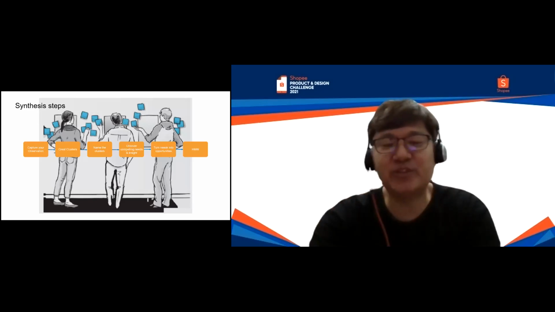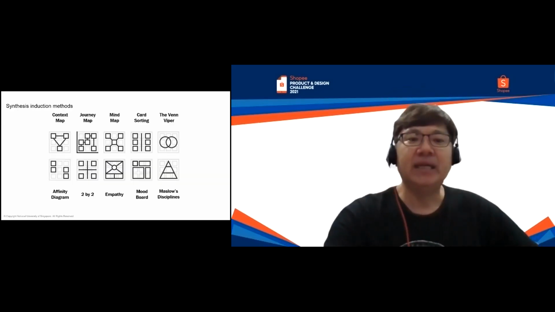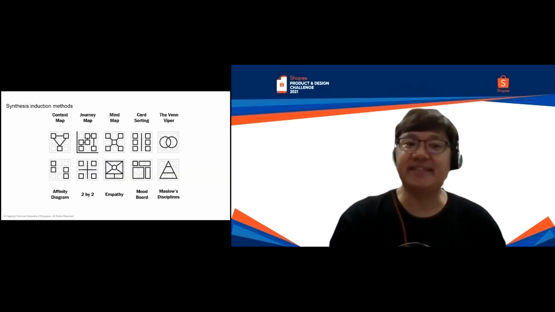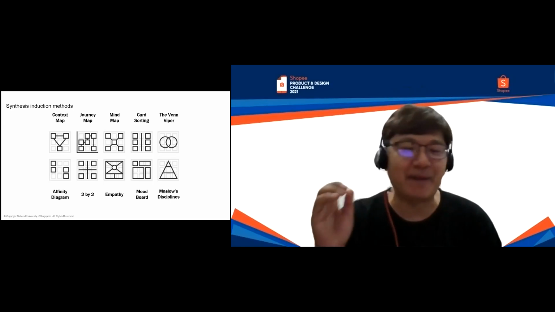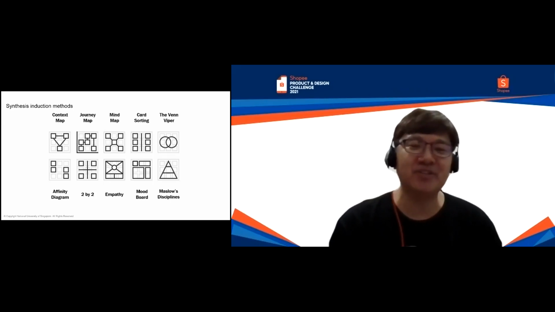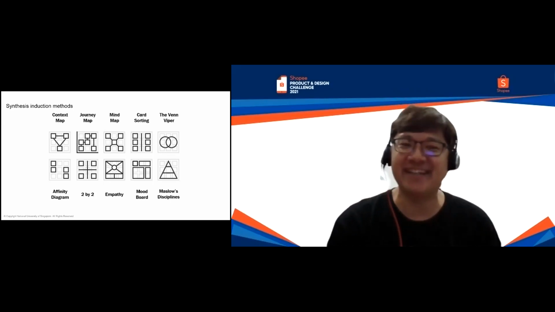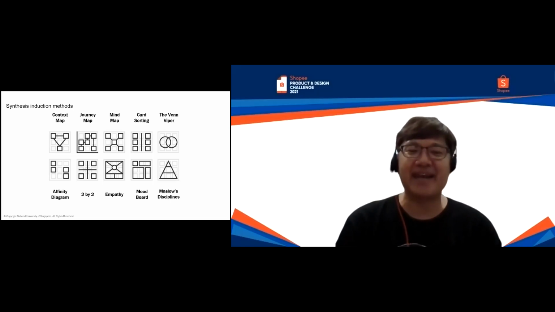And then we create how might we. This is design thinking. Probably lots of you already recognize that. And the synthesis, it's not that hard. If you practice it, finding the compelling one is hard, but executing it is not that hard. So most of the methods we are using are like this, right? We use the context map, we use the journey map, we use the mind map.